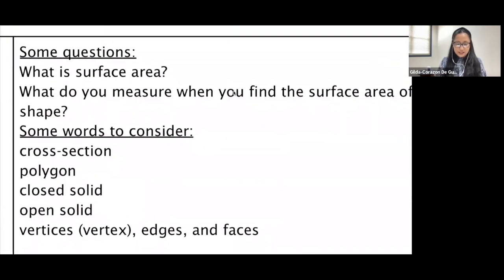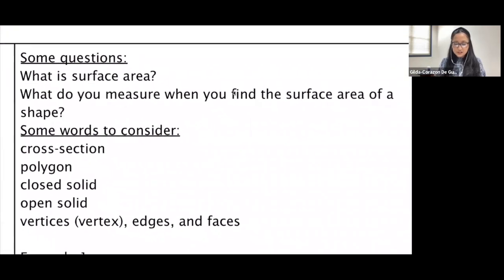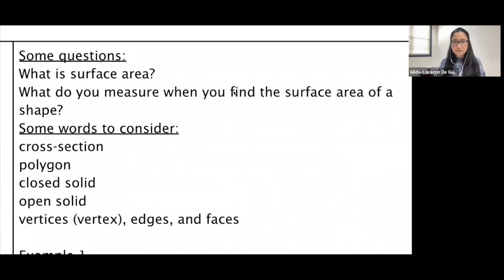How about the next one? What do you measure when you find the surface area of the shape? It's the amount of material that we need to be able to build that container, okay?